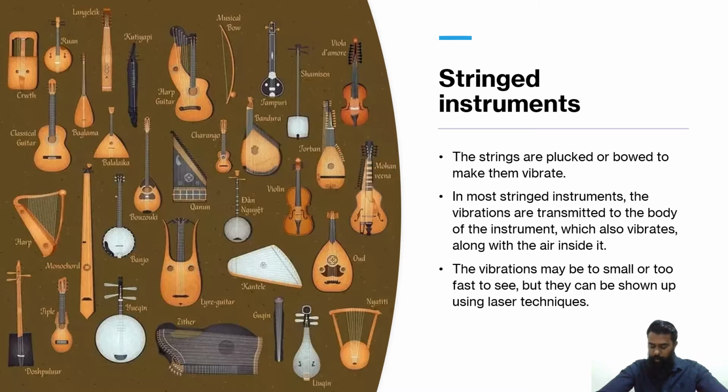Different notes produce different patterns of vibration, and this helps to give each note its particular sound. So we can say that in stringed instruments, the strings are made to vibrate, which makes the whole body of the instrument vibrate, including the air inside it, and a sound is heard.